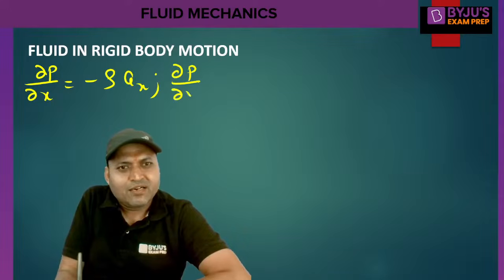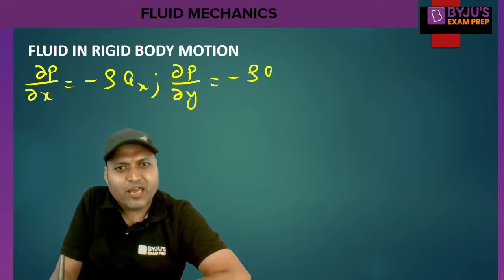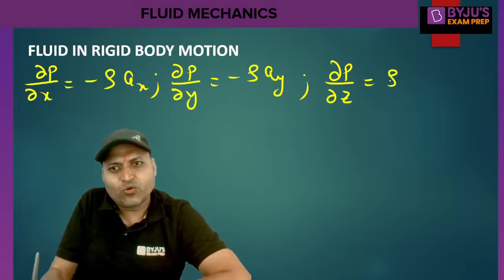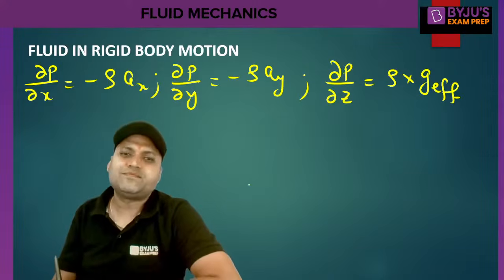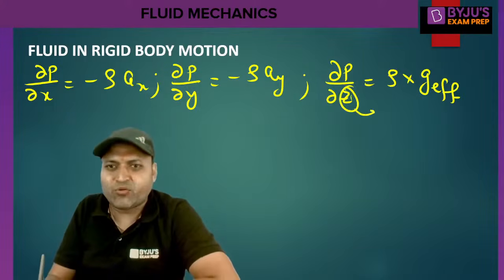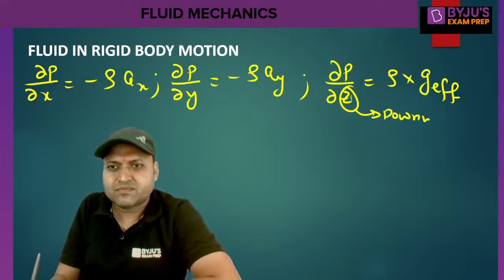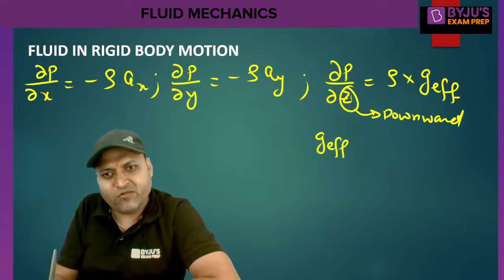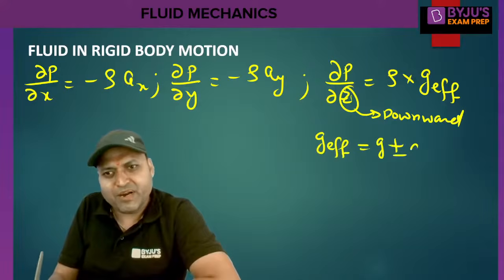Del P by del Y is equal to minus rho AY. Del P by del Z is equal to rho into G effective. These are the formulas. Z is measured in downward direction. And G effective will be equal to G plus minus A.